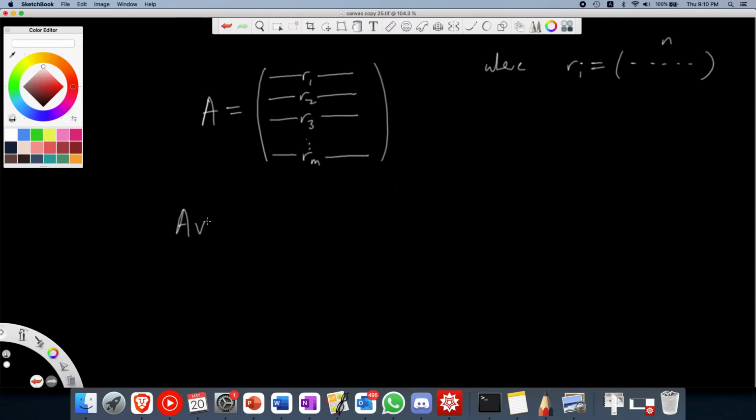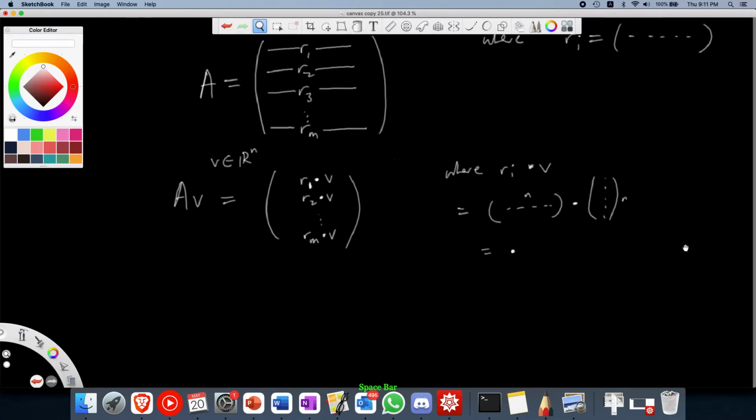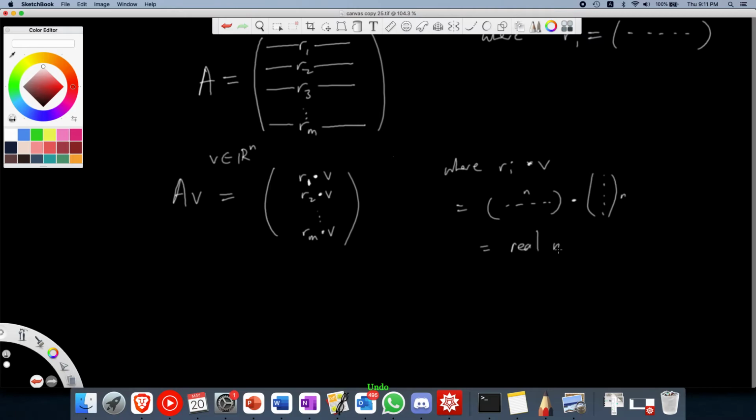Then A acting on any vector v, if v lives in the domain, can be written as r1 dot v, r2 dot v, and so on, rm dot v, where r_i dot v is just the vector dot product. So we just have this thing of height n dotted with this thing of height n. That just gives us a single real number, because the dot product of two vectors is a real number.